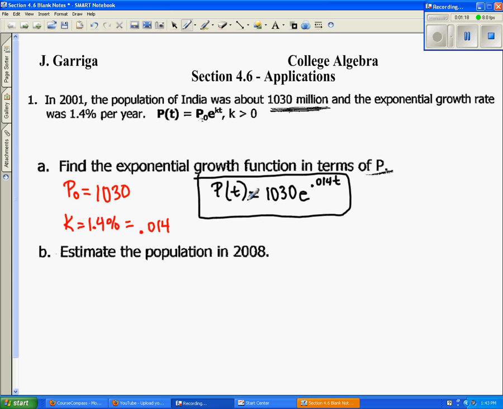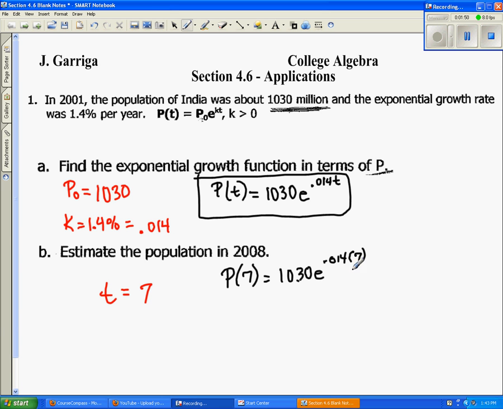B says use this function we just made and estimate the population in 2008. Well, 2008 lets us know that our t is going to be 7 because from 2001 to 2008 our time was 7 years. So now we want to evaluate P of 7. That means I'm going to put 7 everywhere t is at. 0.014 times 7.